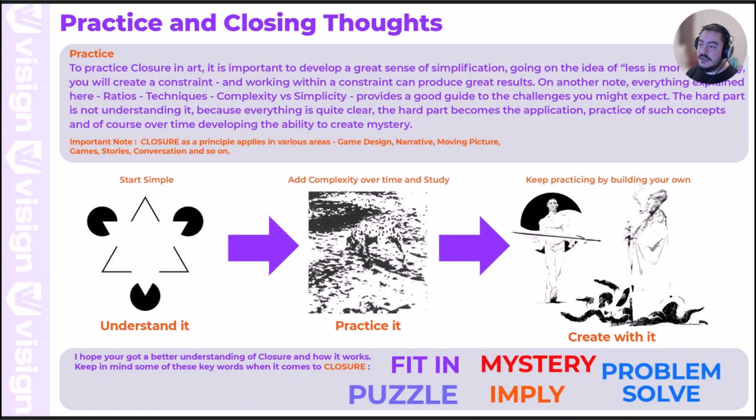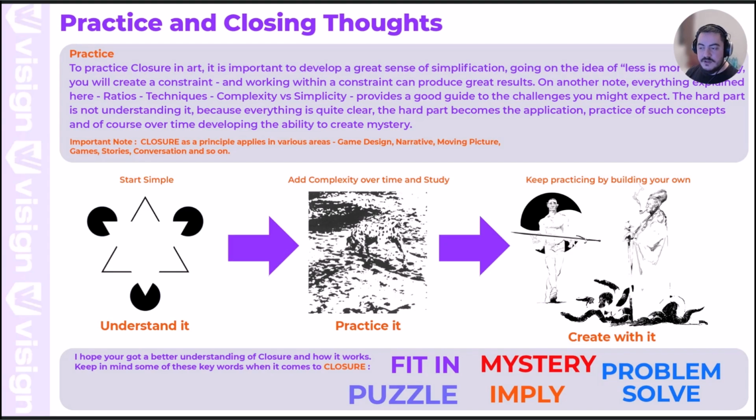An important note: closure as a principle applies in various areas, as you probably noticed. It applies in game design, it applies in narrative. If you tell a story and you miss certain parts on purpose, people will complete those. People will assume things as well. Assumptions of people on a story that you tell or something that you do are based on that.